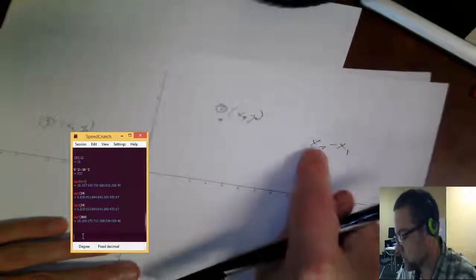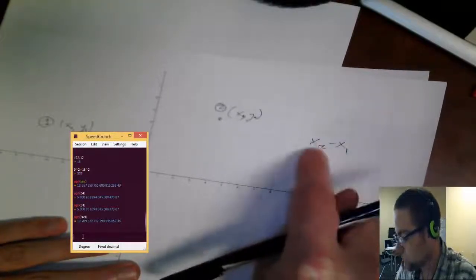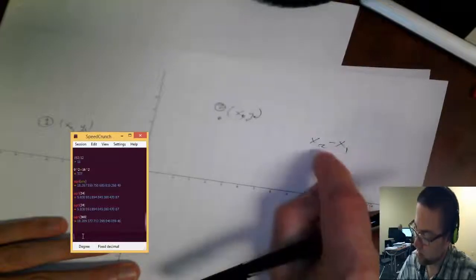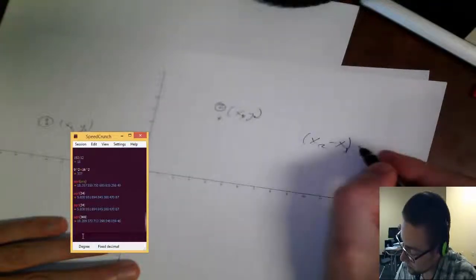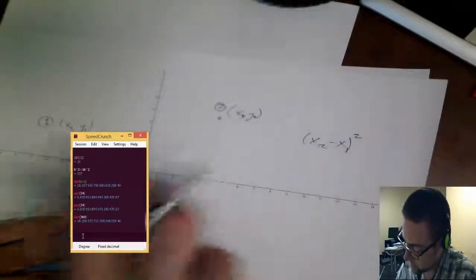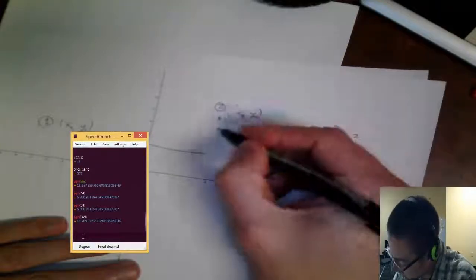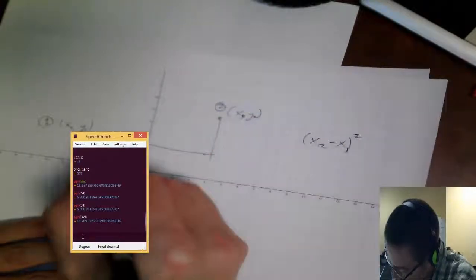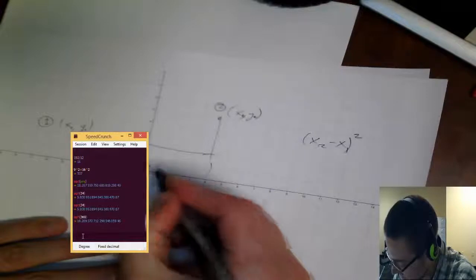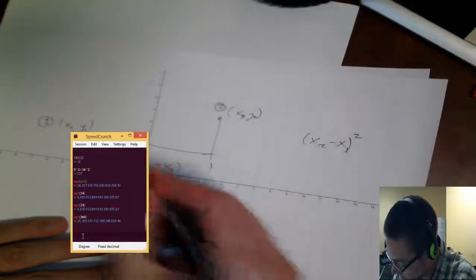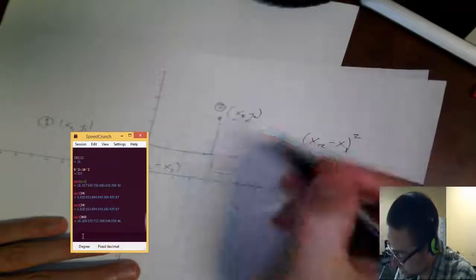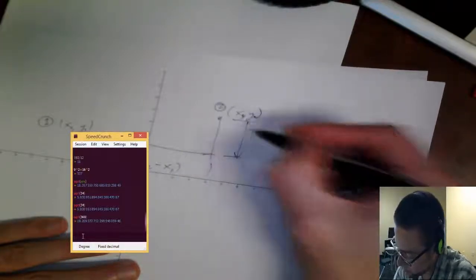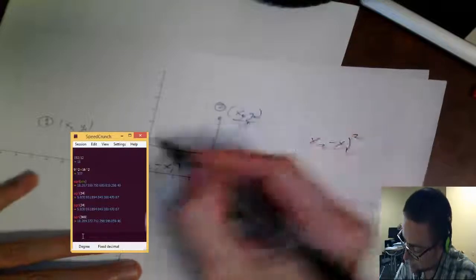So actually this notation helps us keep things straight. So x2 minus x1, and I square it, right? So that's the distance right here in the horizontal direction. So this distance right here is the difference of the x values. And then this distance right here is how far vertically we go. So that's the difference in the y values.